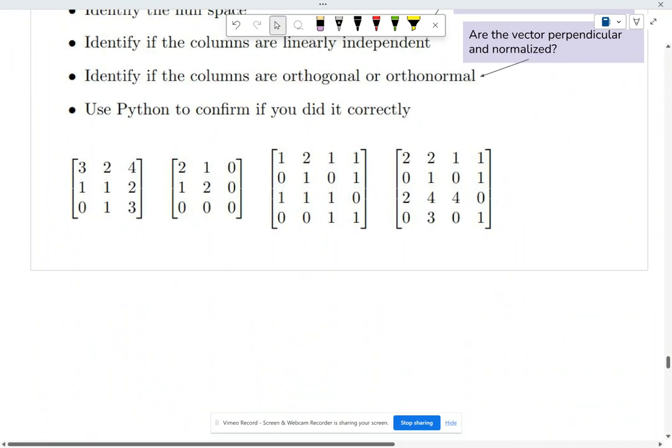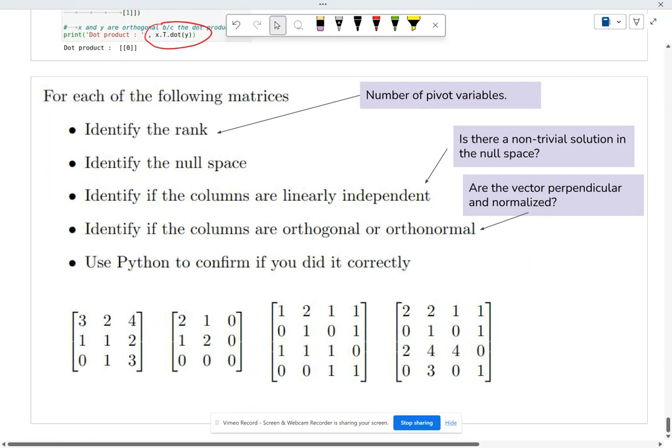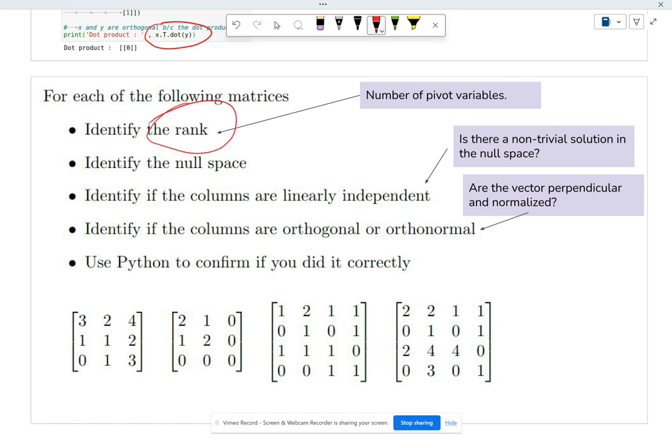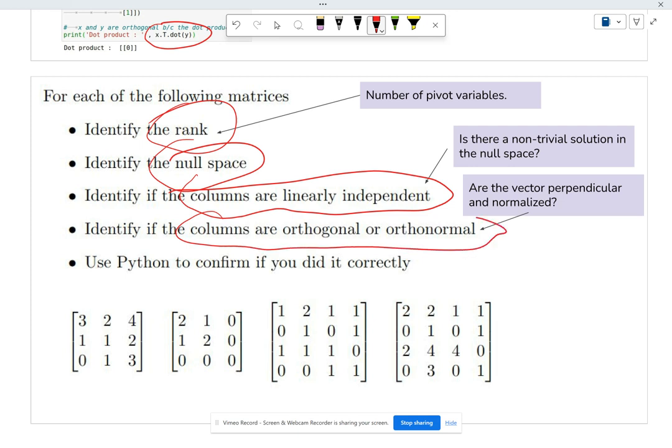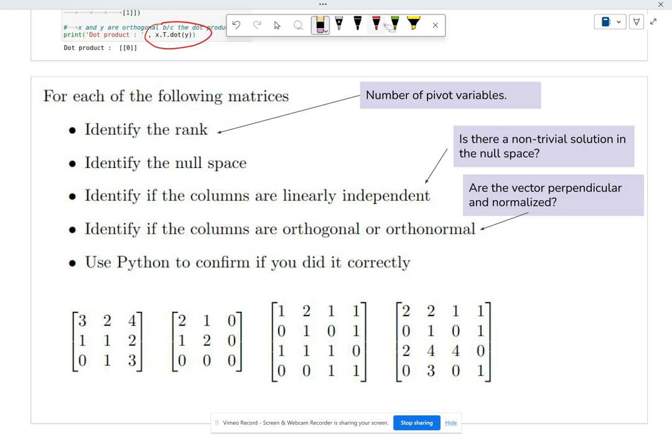Okay, I think this is it. For the last in-class work, you want to identify the rank, identify the null space, identify if the columns are linearly independent, and whether the columns are orthogonal or orthonormal, and then you also want to use Python to check. Remember, the rank is the number of leading or pivot variables.